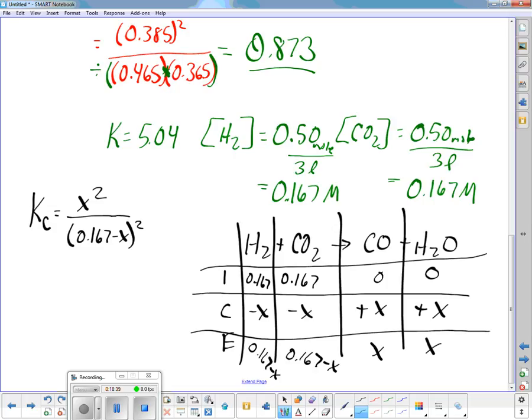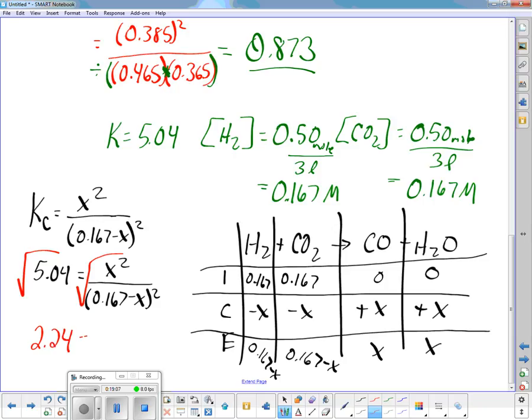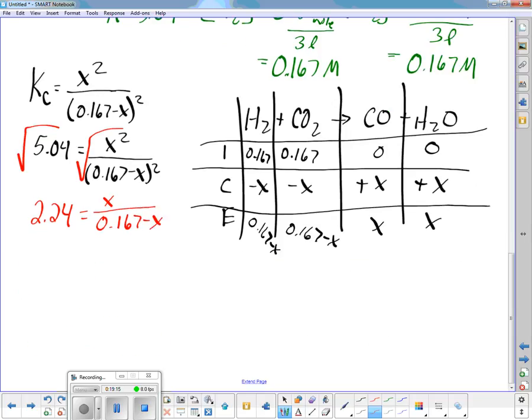Okay, so plugging in our Kc, which was 5.04, equals x squared divided by 0.167 minus x squared. Now, at this point, I want to take the square root of both sides, right? So I don't have any funky thing left. So somebody take the square root of 5.04 and give me a number. 2.24 equals x divided by 0.167 minus x. So somebody times these two together.